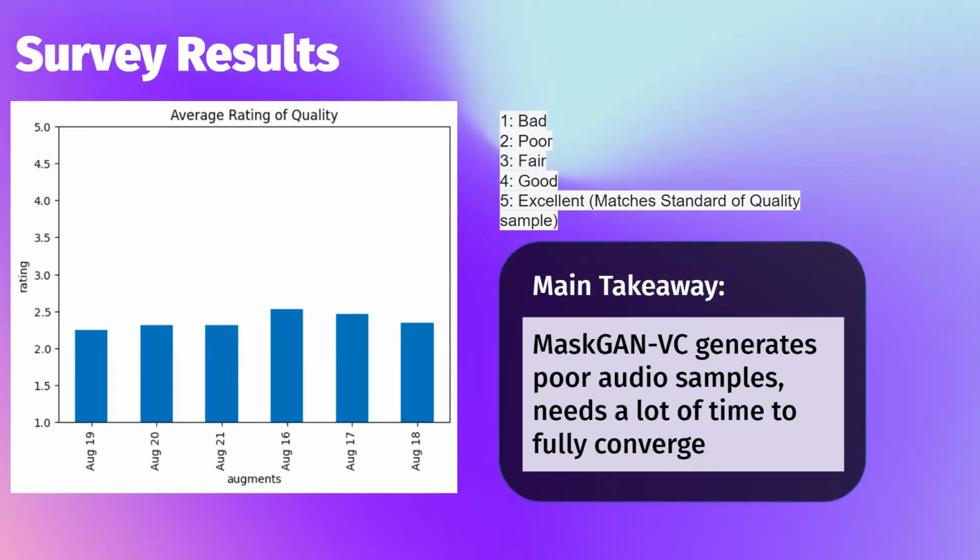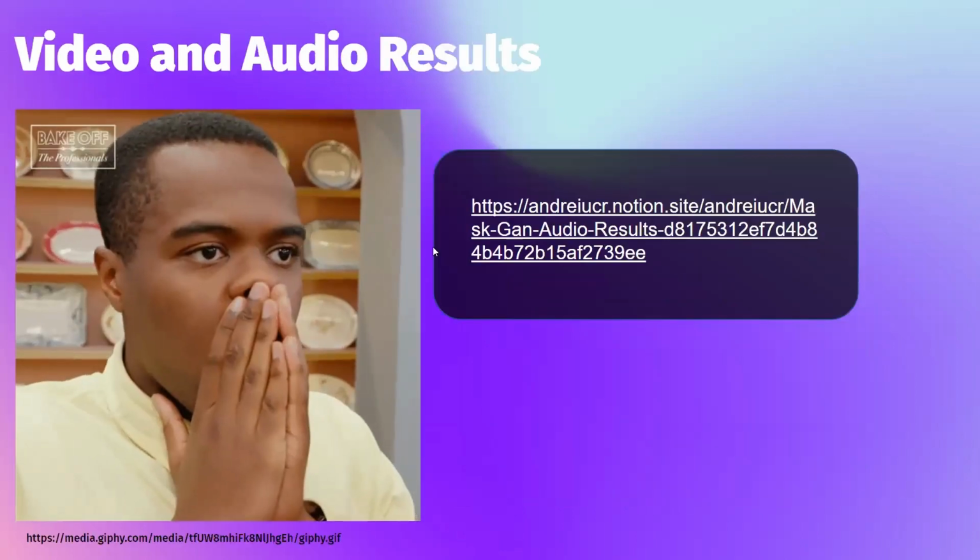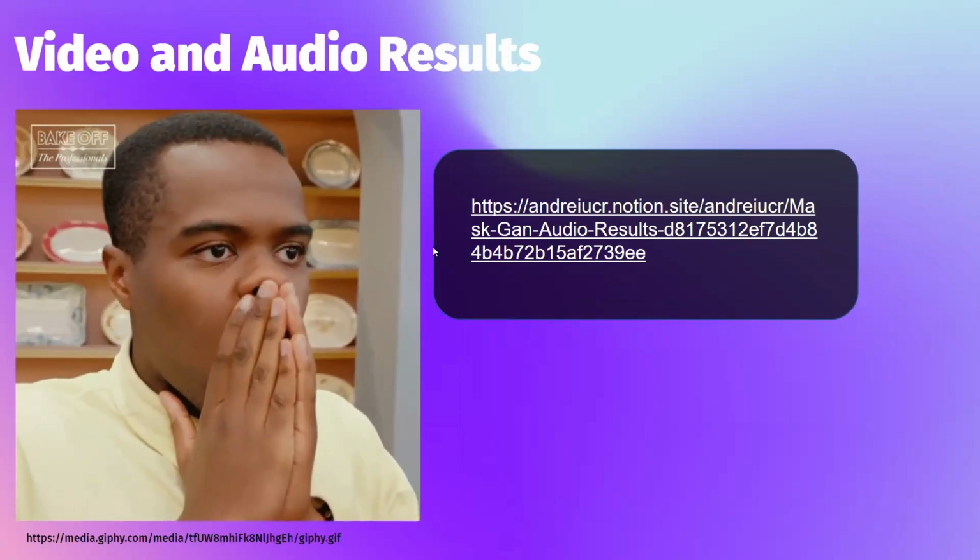And this is for the average rating of quality of samples. We also didn't get very good results here. We got mostly poor or fair. So the main takeaway is that the model needs a lot of time to fully converge in order to generate good quality samples, and a lot of computation power. So let's get into the video and audio results.